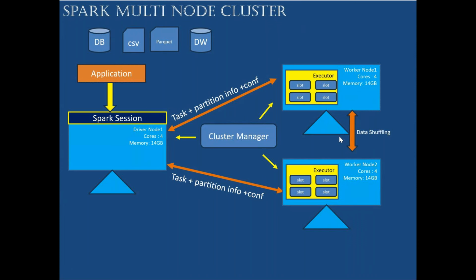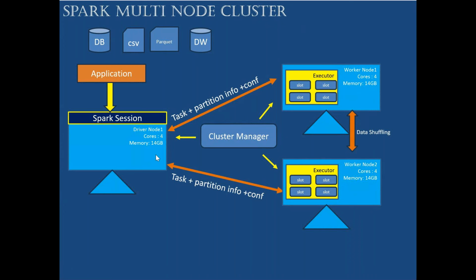Collect is one of the actions which tries to bring all the data. Let's say here you have 14 GB data and here you have 14 GB data. If you try to bring 28 GB data onto the driver node, what will happen? Out of memory, exactly. That's why whenever you are applying such actions, you need to be very careful.